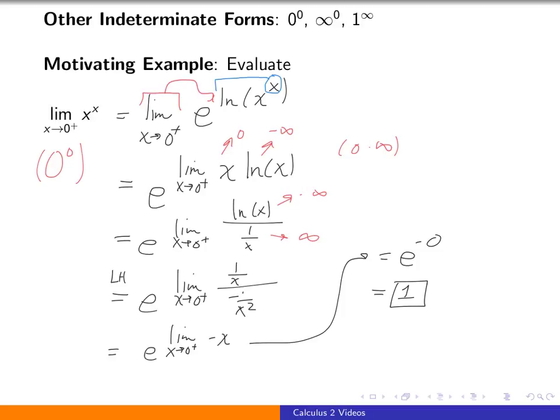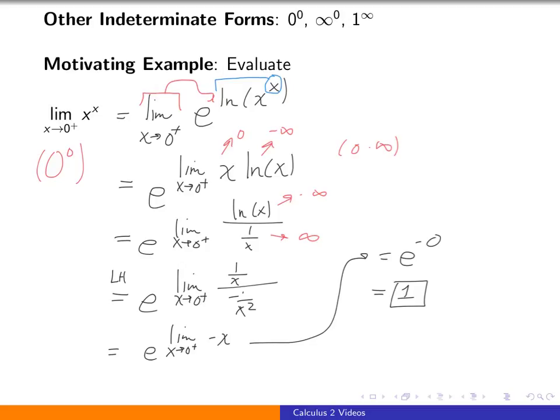So as an overview, if we have one of these new indeterminate forms, 0 to the 0, infinity to the 0, 1 to the infinity, these are things with no meaning individually, but what we can do is use properties of exponentials and natural logs to rewrite.